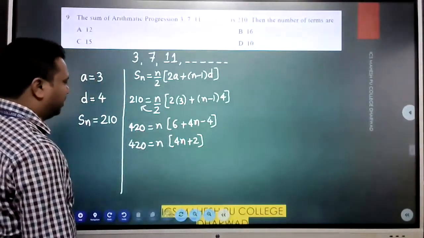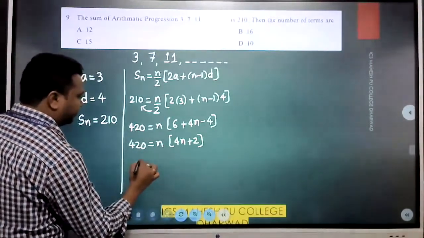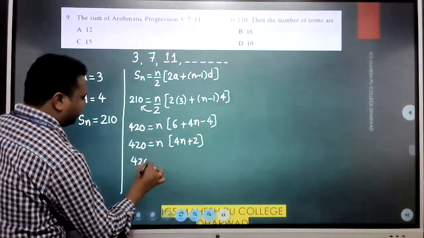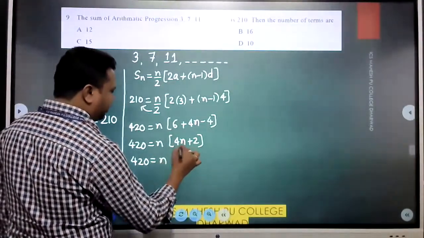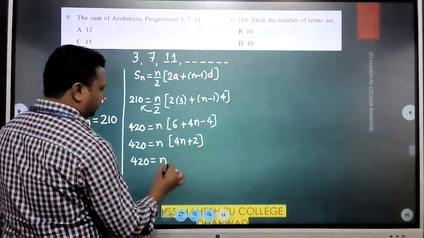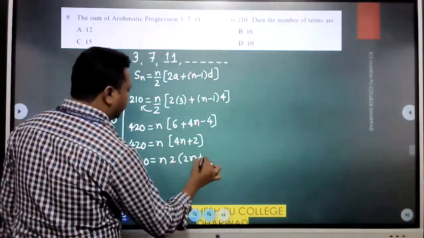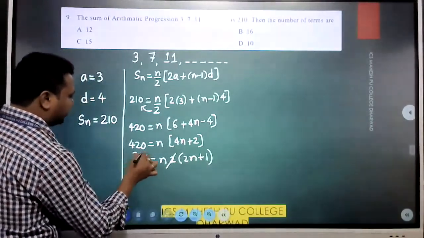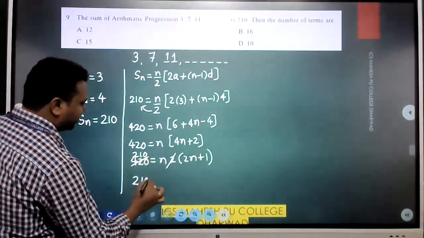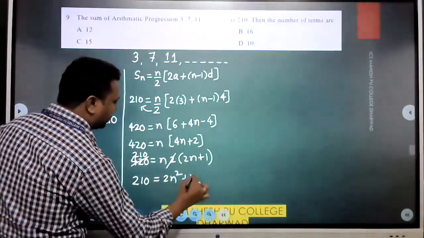Clear? Now take everything to the RHS, so let me open the bracket. 420 is equal to n into, I think here we have 2 common, so what is left is 2n plus 1. Now 2 ones are 2, 2 tens are 20, so we have 420 equal to 2n square plus n.